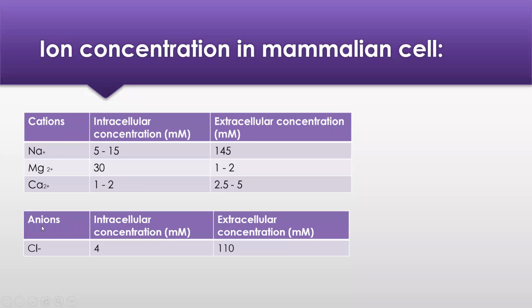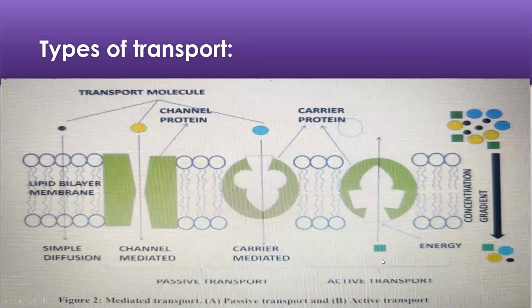For chlorine anions, the intracellular concentration is 4 millimolar, and the extracellular concentration is 110 millimolar. So the cell has the ability to maintain its constant internal environment.